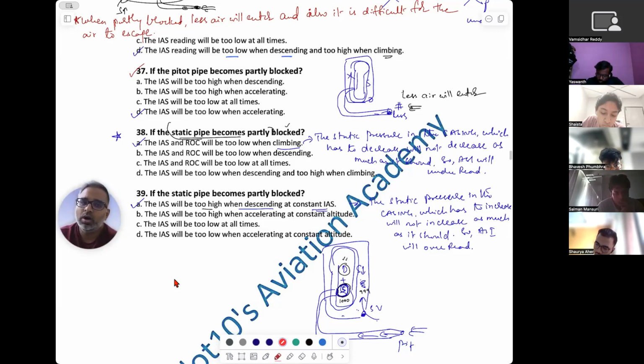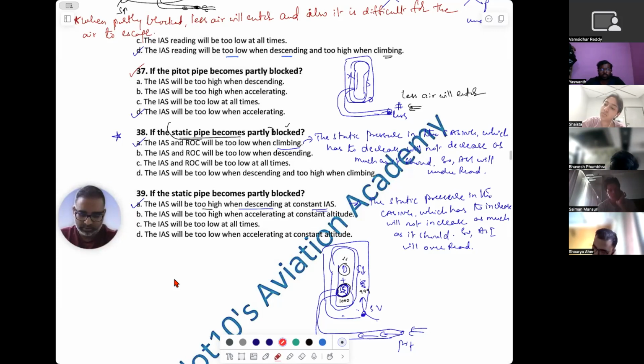Okay. So write down. Put a star mark and write down, everybody. This is an exception. In a climb, the capsule will contract for a VSI, vertical speed indicator. Of course, you have not done the vertical speed indicator yet, but when you do it, you will know. Write it down there only so you don't get confused.